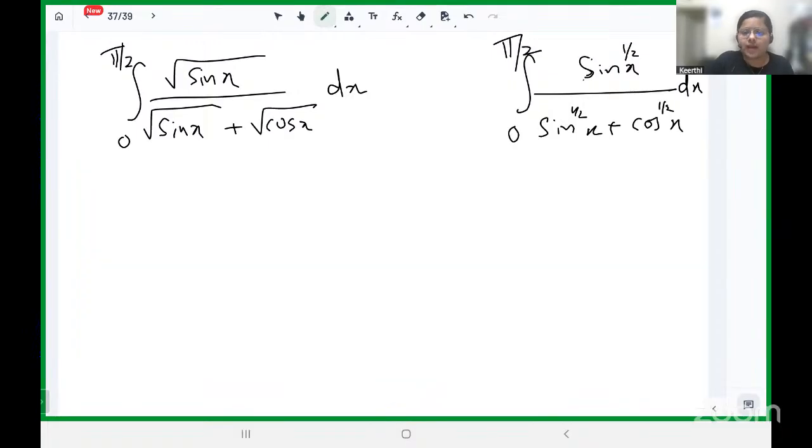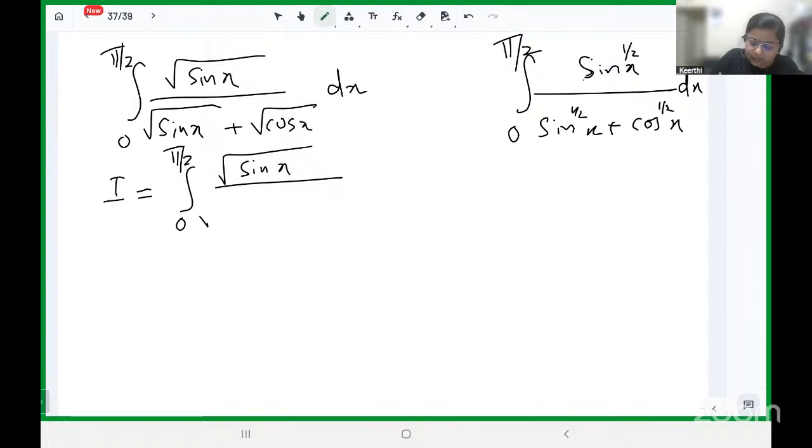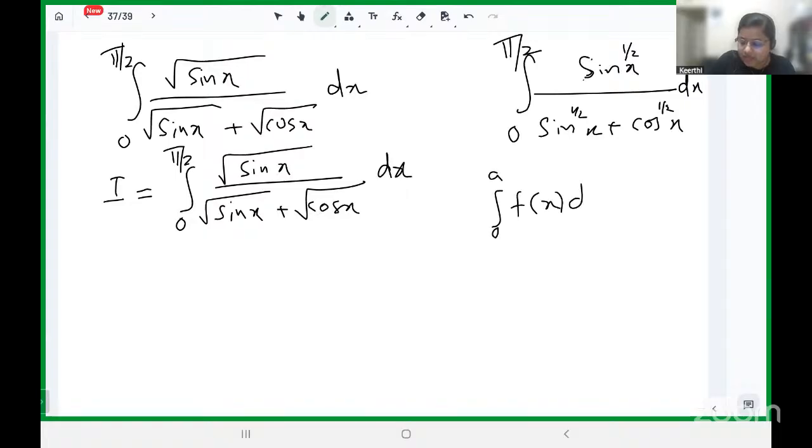So do you know how to evaluate this integral? No. So first we put I equal to this question, that is, 0 to pi by 2 root sin x divided by root sin x plus root cos x into dx. Now we are going to apply the property that we have studied: integral 0 to a f of x dx can be written as integral 0 to a f of a minus x dx.